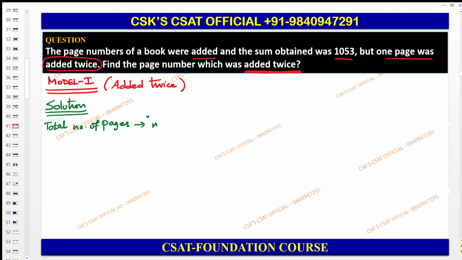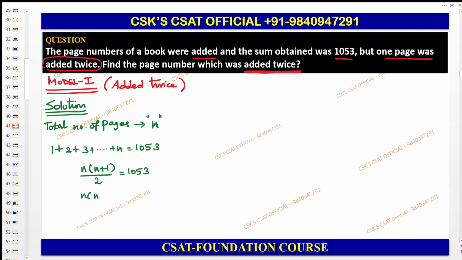Now you know the sum is obtained as 1053. So the sum obtained up to this n pages is nothing but 1053. This has been provided. Now what is the formula here? n into n plus 1 by 2, which is equal to 1053.